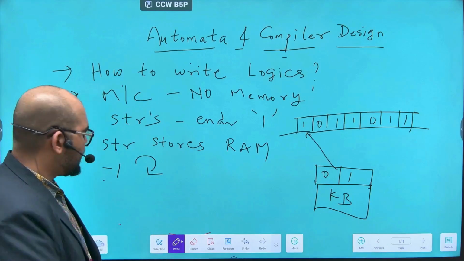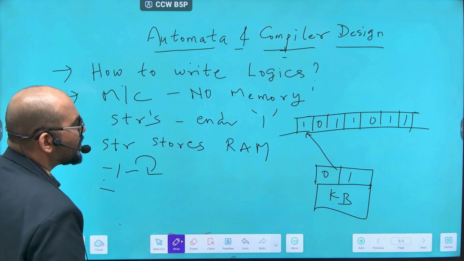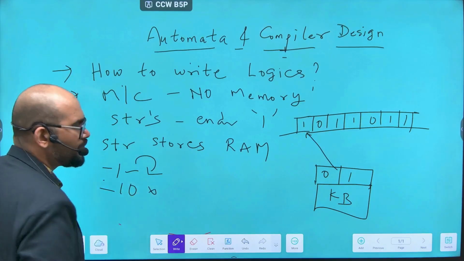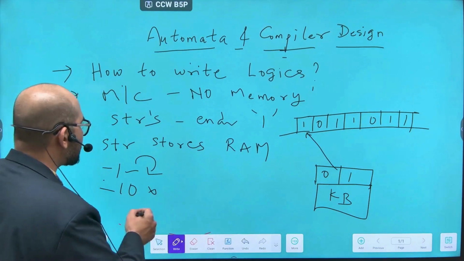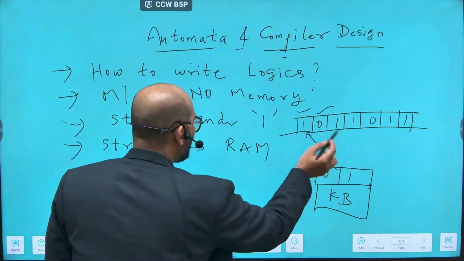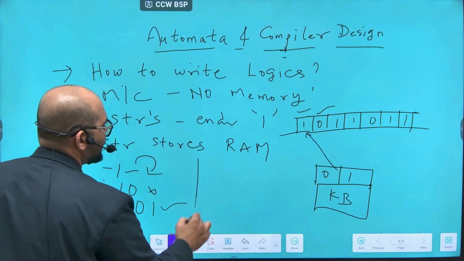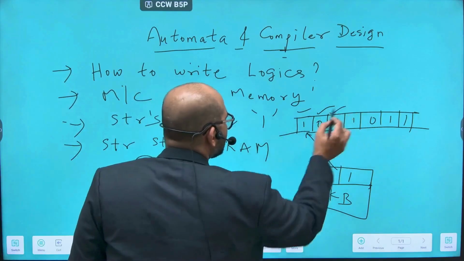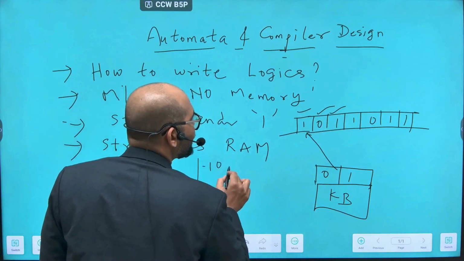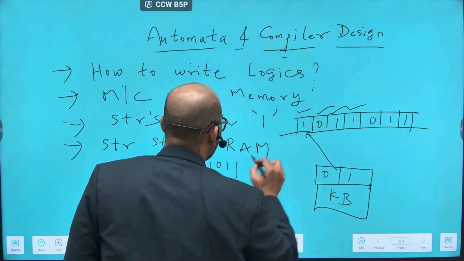Yeah, 1 satisfies. Okay, next 1 0, no. Again, let me take the next number: 1 0 1, yeah, this satisfies. Now let me take the next number, 1 0 1 1, this also satisfies.